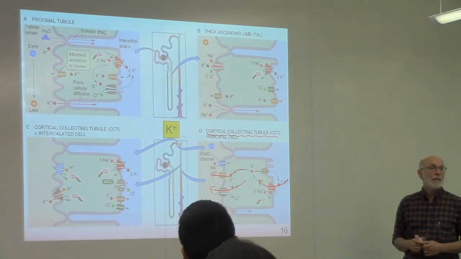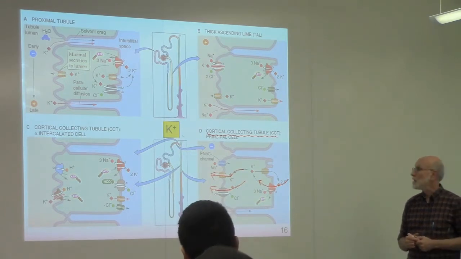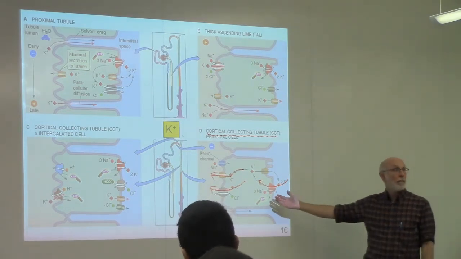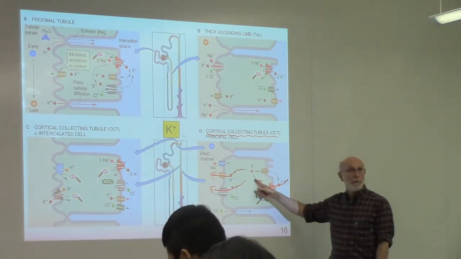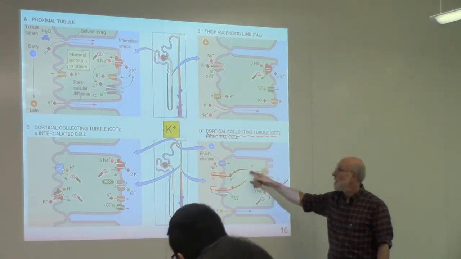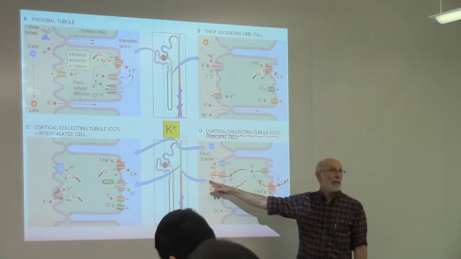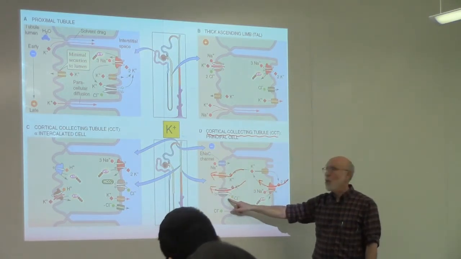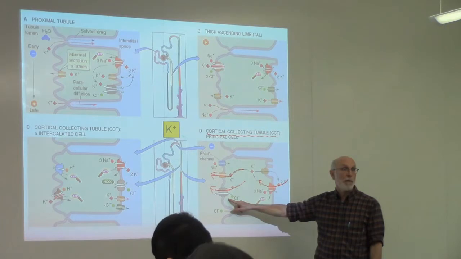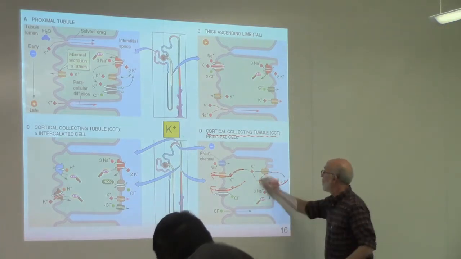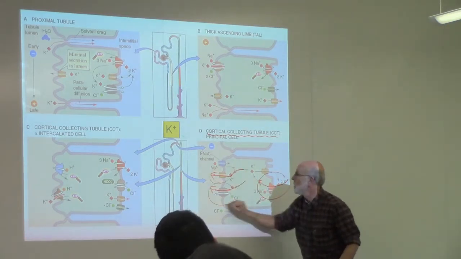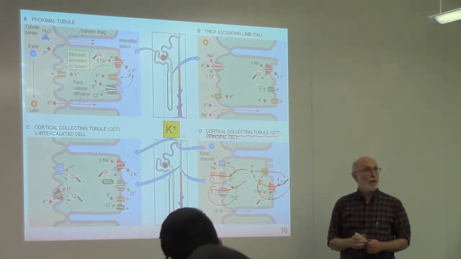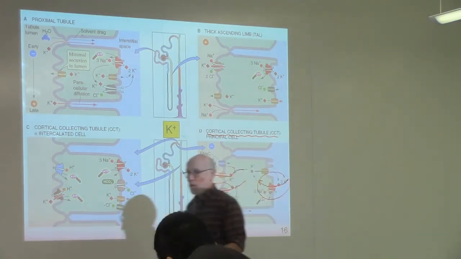And that's the story of secretion in the cortical collecting tubule. It's pretty straightforward. Potassium pumped by the ATPase, potassium flowing down its concentration gradient, either through a channel or through a co-transporter. So these are the important components of secretion in the cortical collecting tubule.